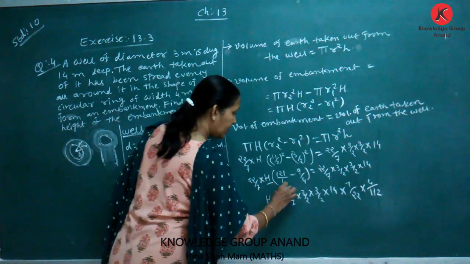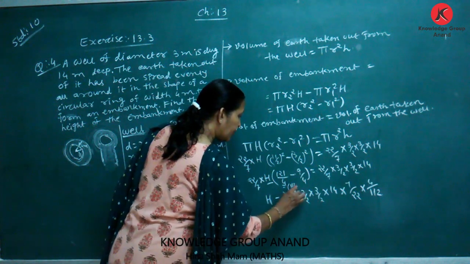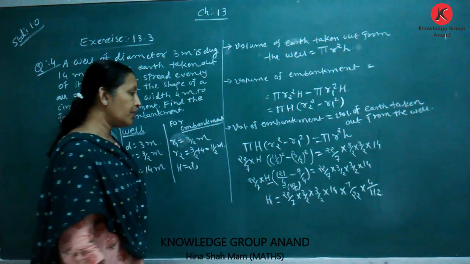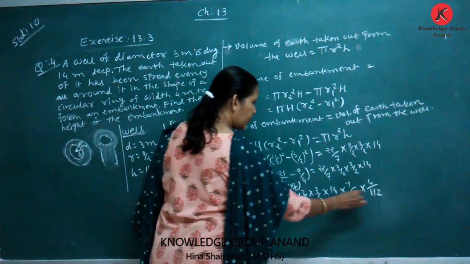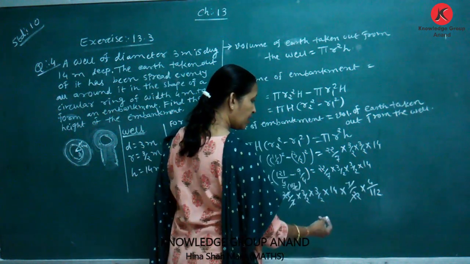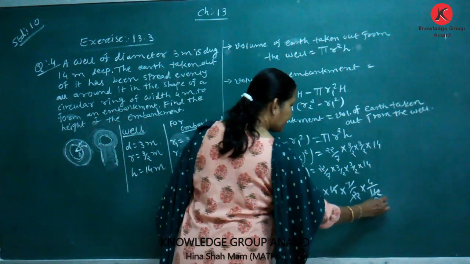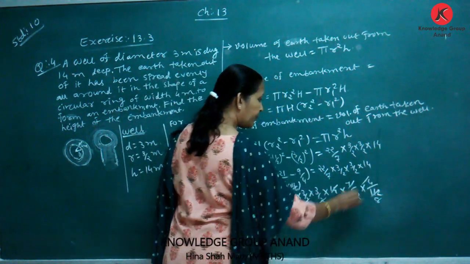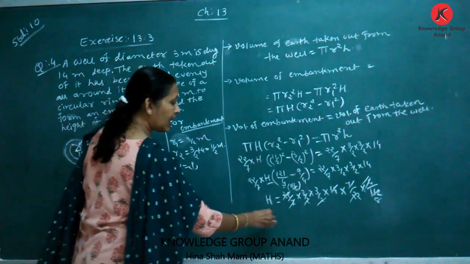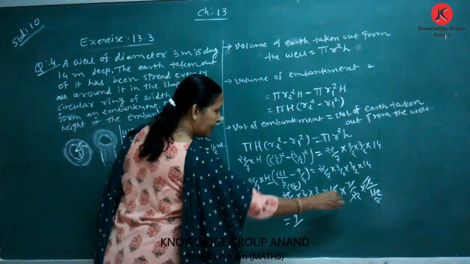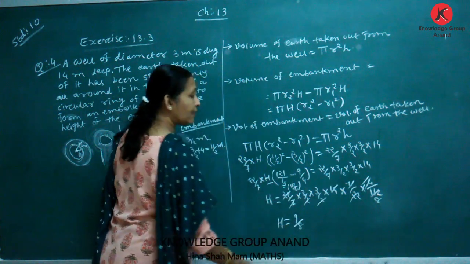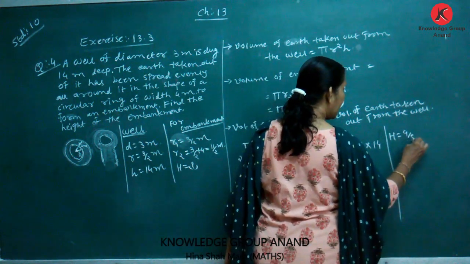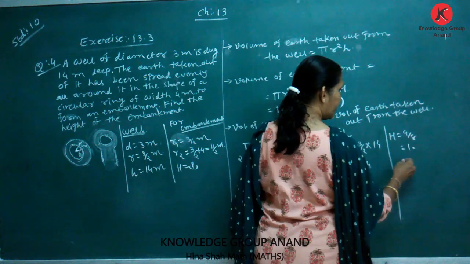On simplification, 7 and 22 cancel with 22 and 7. 14 eights are 112. 2 twos are 4, then 3 threes are 9 and 8. So h is equal to 9 by 8.